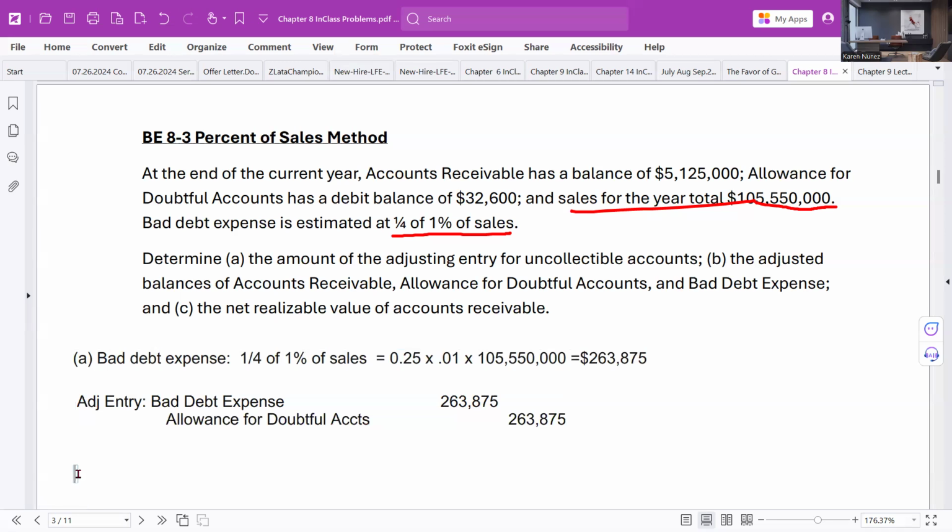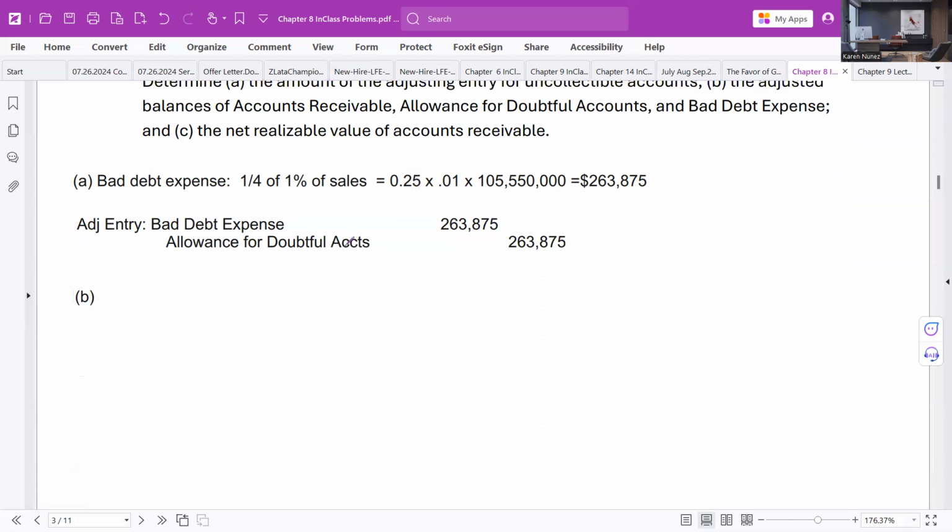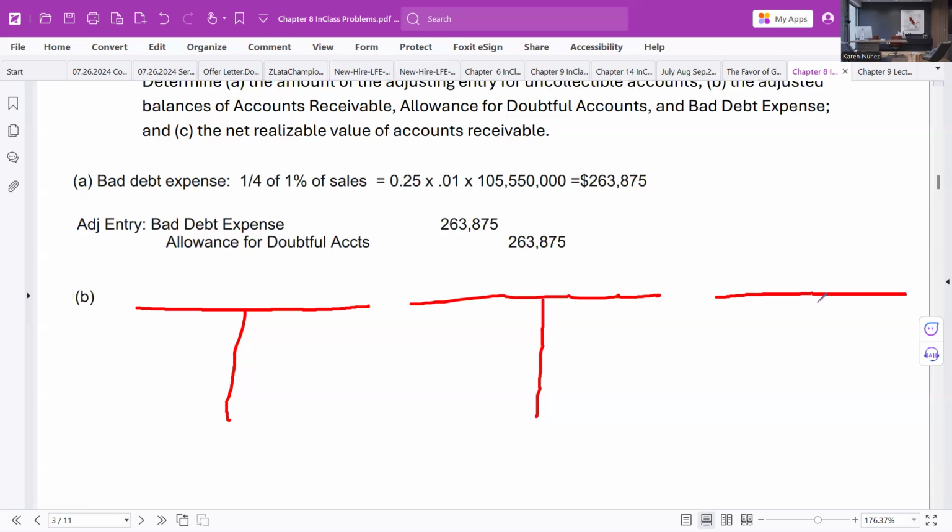Now we need the adjusted balances in our accounts. For B, we need to know what the balances are in our accounts. I'm going to set up a few T accounts because I think it would be easier to work with them. We need accounts receivable, the allowance for doubtful accounts, and bad debt expense. Those are the three accounts we're asked about.